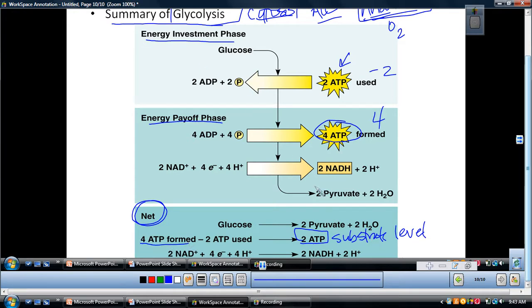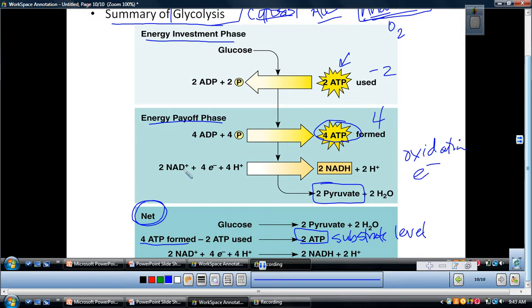Okay, what else do we gain? Remember, at the end of the process, we will have 2 pyruvates or pyruvic acids. And once we do that, to be able to split that glucose, we're going to have some oxidation. And if we oxidize it, we gain electrons.